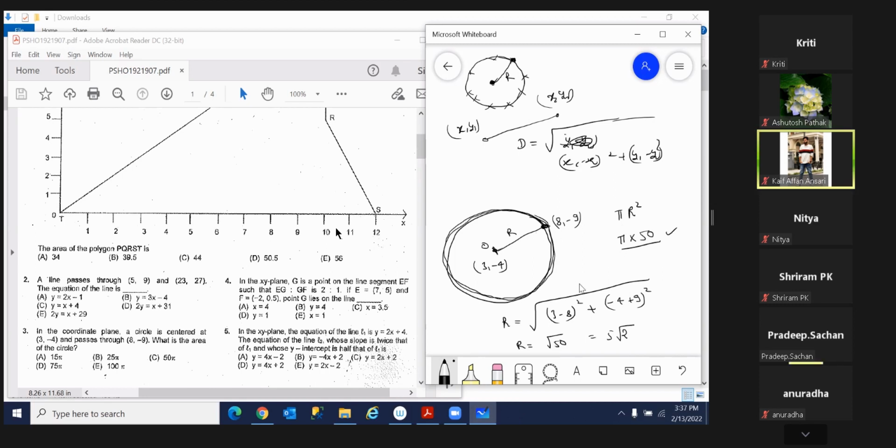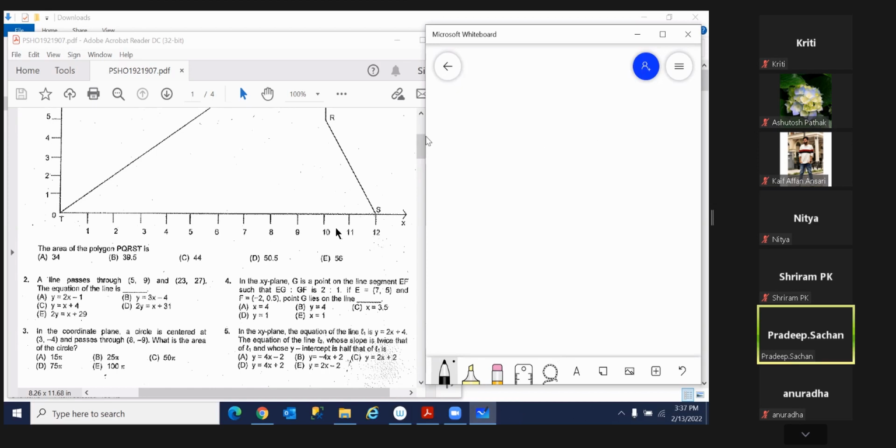Take the fourth question. So we will understand the internal division formula. Suppose there is a line segment AB, with (x1, y1) and (x2, y2) as the coordinates of A and B. And there is a point P in between, suppose (x, y), dividing my line segment in the ratio of m:n.